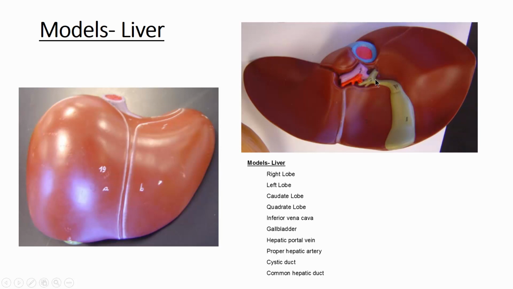The common hepatic duct merges with the cystic and becomes the common bile duct as it goes and enters into the duodenum. You also have the caudate and quadrate lobes, so very near the gallbladder, and you also, it talks about in some lab books, the bare zone in that area.